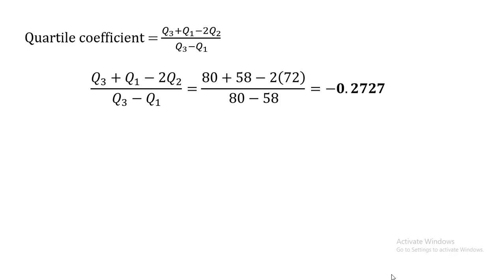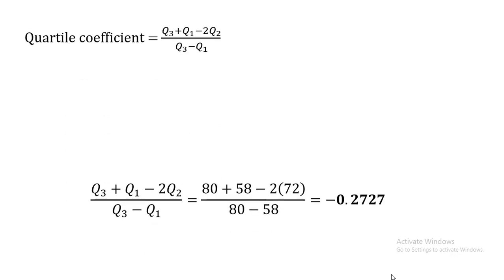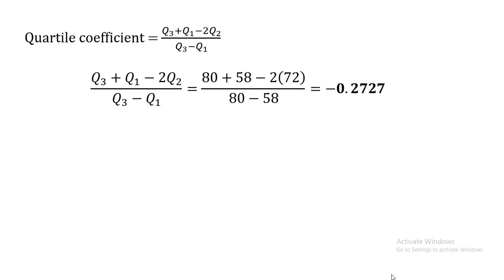It cannot be a case where the first coefficient is positive, the second negative and the third positive; then we need to recheck our calculation, because for all measures the values should be negative to declare a negatively skewed distribution, as in this case.